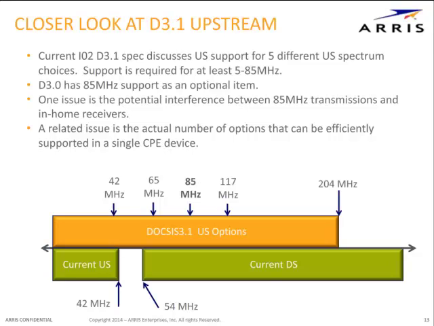Now, there is a potential issue with interference between 85 megahertz transmissions and the in-home receivers. So you have to consider, if you're going to start moving toward 85 megahertz, some of the potential pitfalls there.